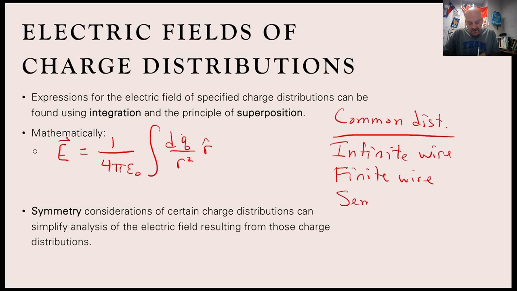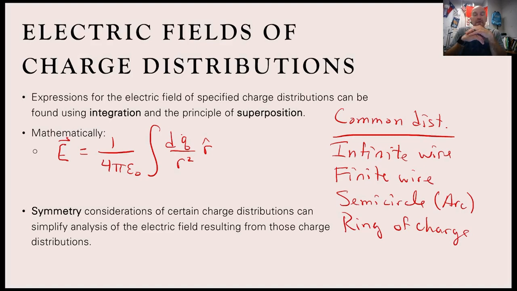You would have an arc or a semicircle, but they may not give you the full semicircle, they may give you a quarter of a circle. And the last one is a ring of charge, where you're looking for a point on an axis through the center of the circle. With all of these, they're going to say at point P, derive an expression for the electric field at point P for this distribution.